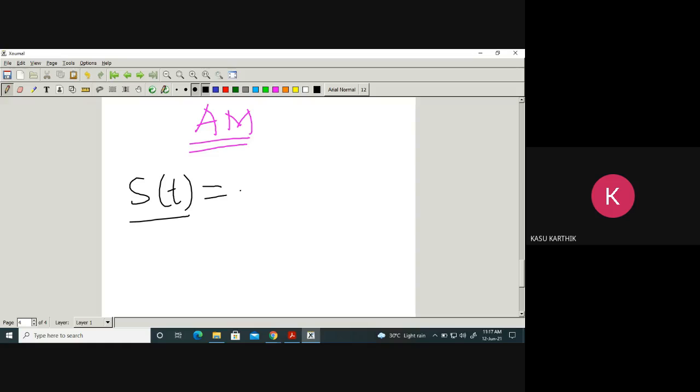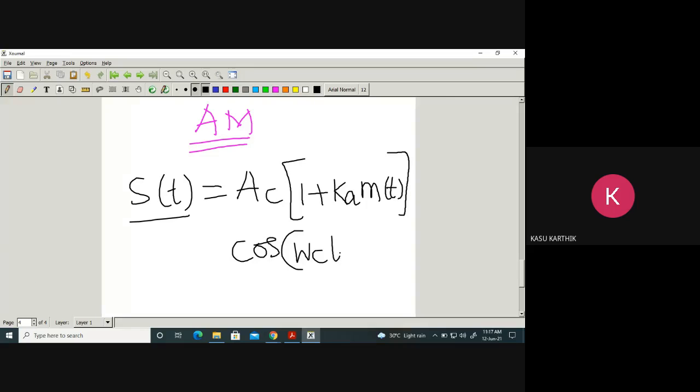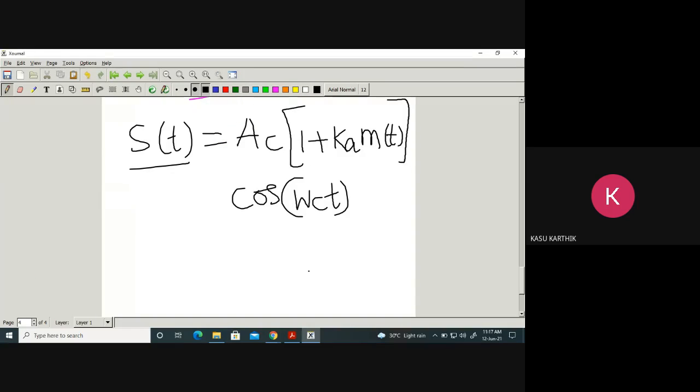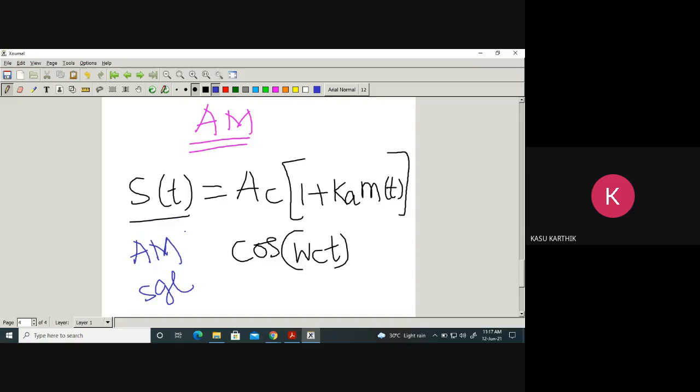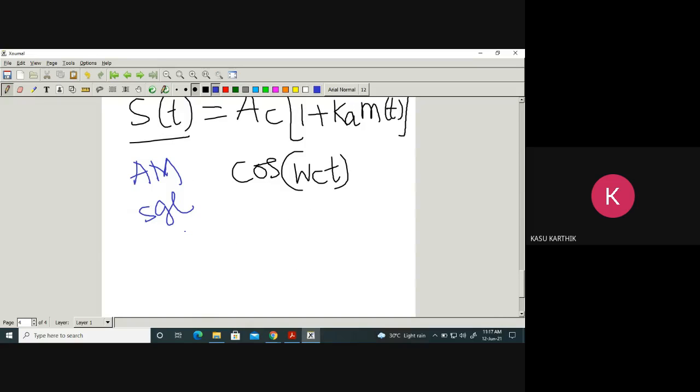After modulation, what happens? So, it is AC into 1 plus Ka into m of t into cos omega ct. This is called AM signal, amplitude modulated signal. Okay. Now, so this is after modulation.